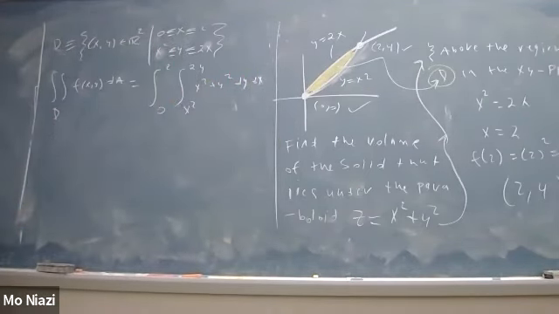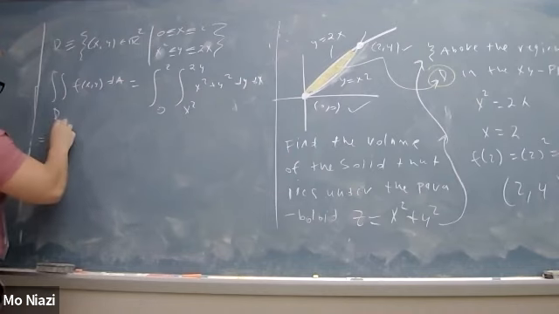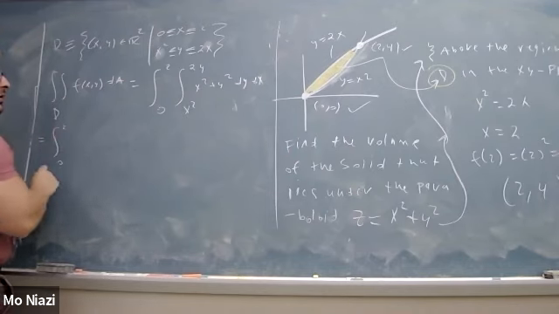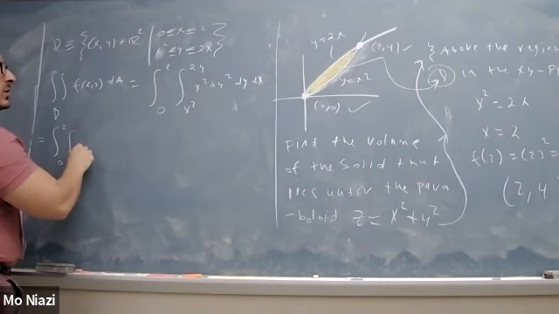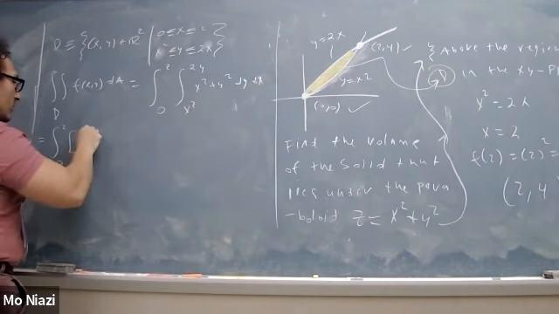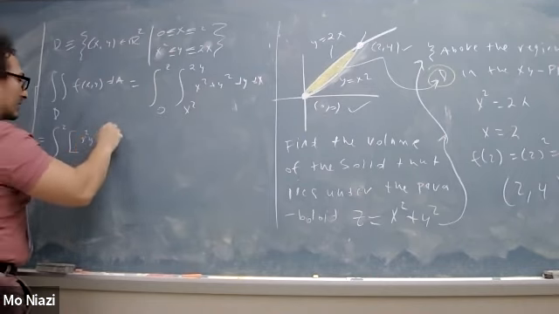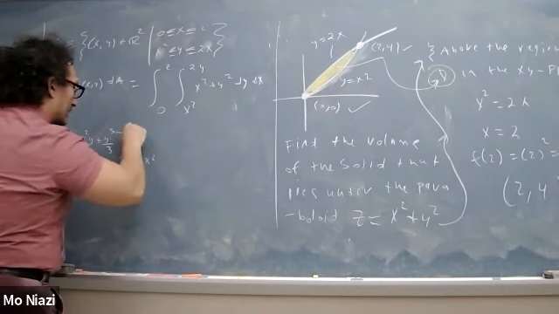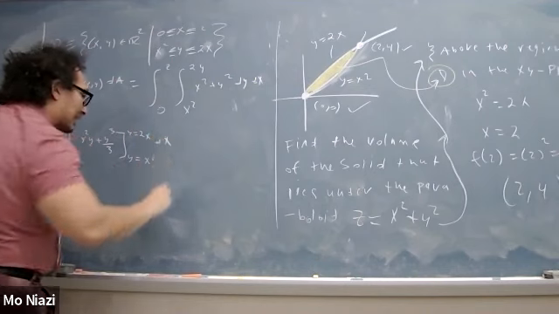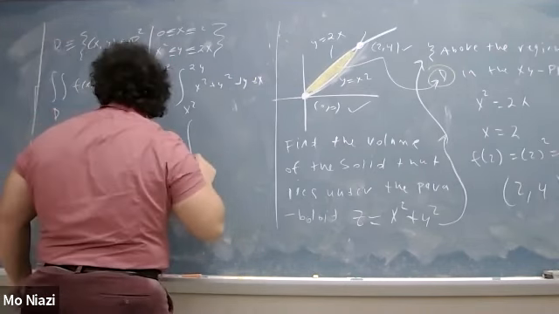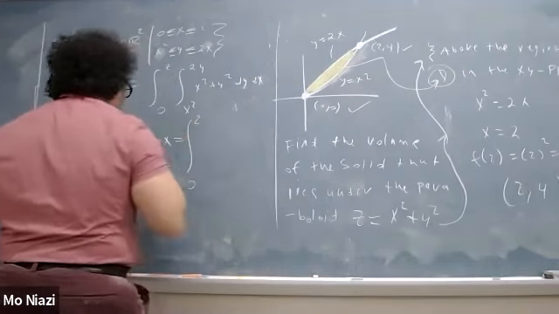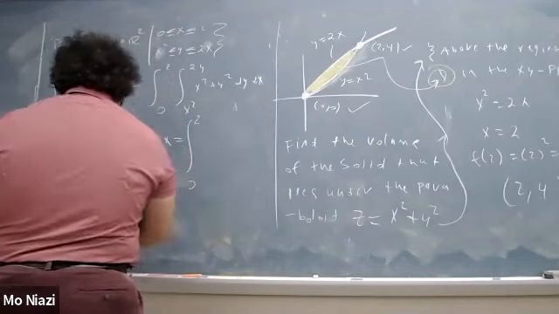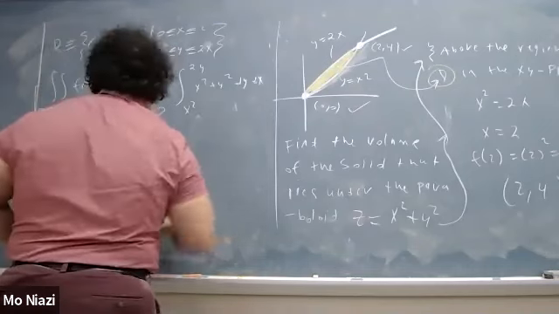Okay, and then we just integrate. This becomes the integral of 0 to 2. This reduces to x squared y plus y cubed over 3, evaluated at y equals x squared, y equals 2x, dx. I should probably not have that integral here because I'll run out of space.